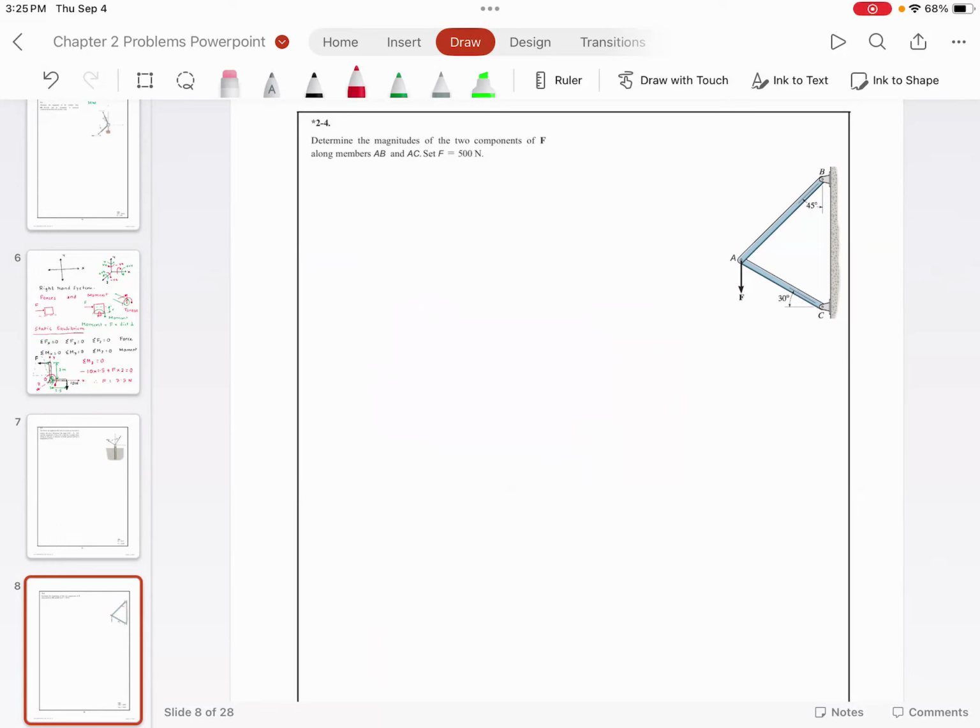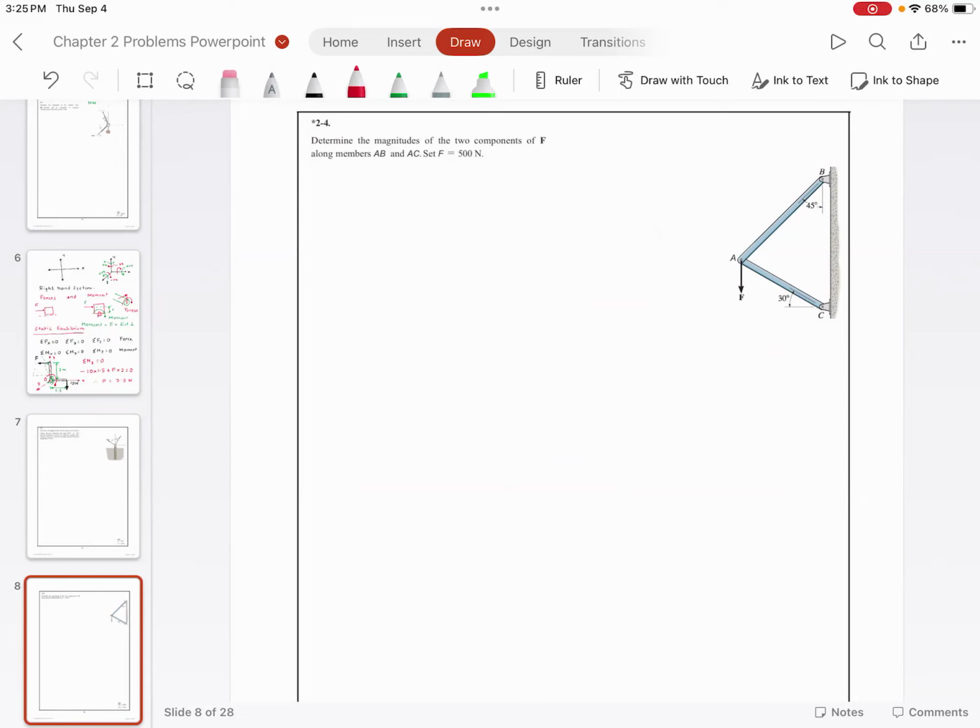There is no z direction because we have a two-dimensional truss. It is not a three-dimensional truss. So what I want to do is find out the forces along the member AB, and the forces along the member AC. You agree with me?